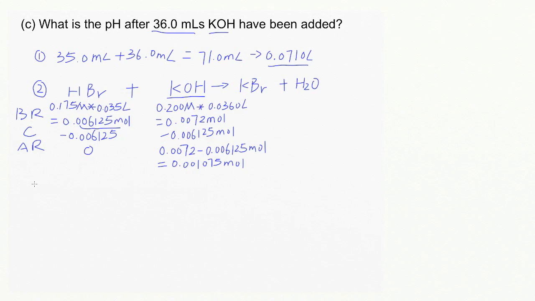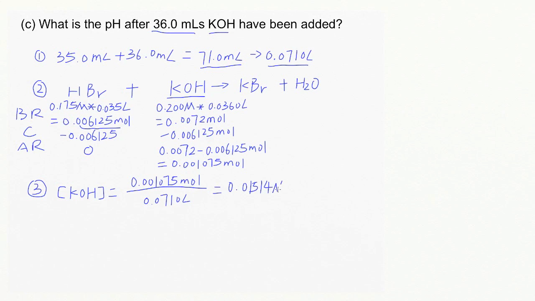Okay, so the next step is to find the concentration of the potassium hydroxide in this 71 ml solution. So the potassium hydroxide concentration equals 0.001075 mole divided by the total volume of this solution, 0.0710 liter. What I got here is 0.01514 mole per liter.